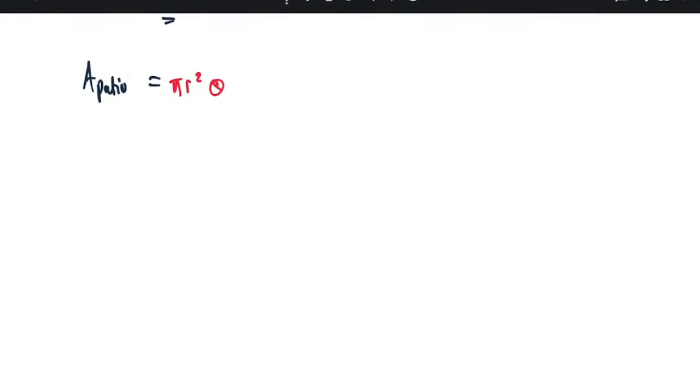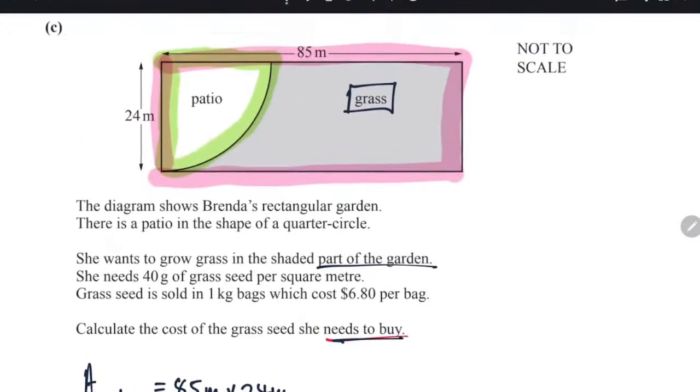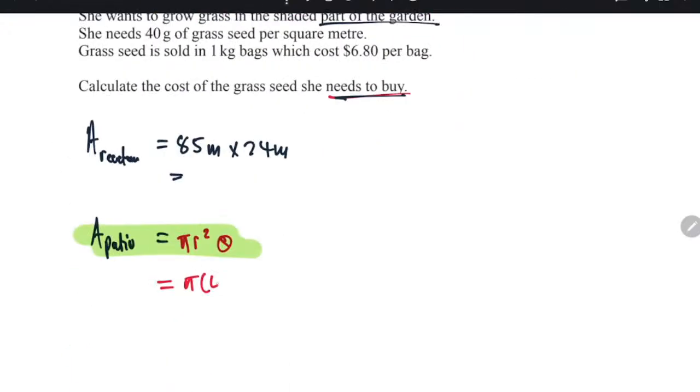It's not always a quarter, it's just a quarter here because you're lucky. It's pi r squared theta, which is pi times the radius. What is the radius? 24. So times 24 squared times theta.